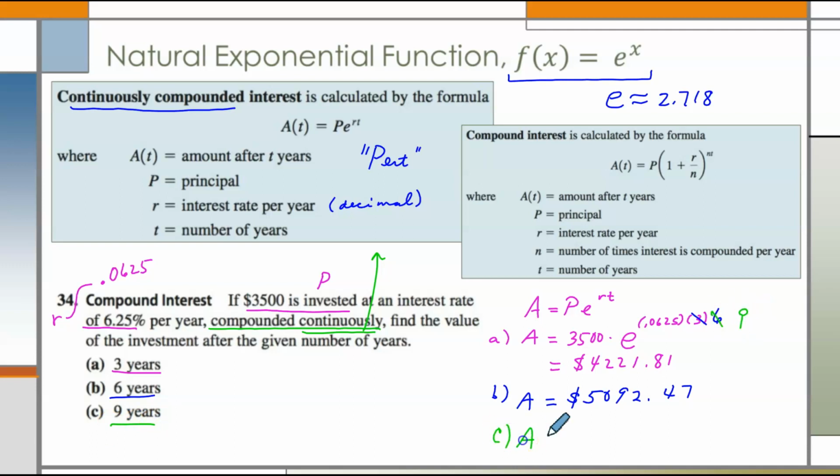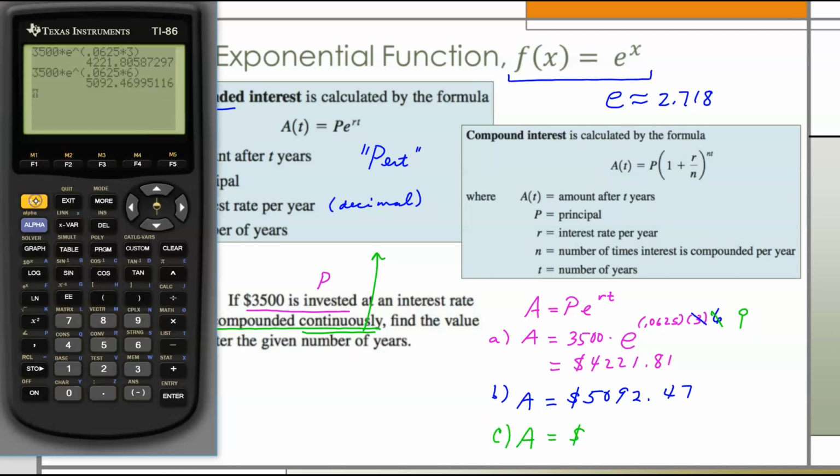So the amount after 9 years, second, enter, brings up our calculation. We're going to change that 6 now to 9, and we would end up with $6,142.69.